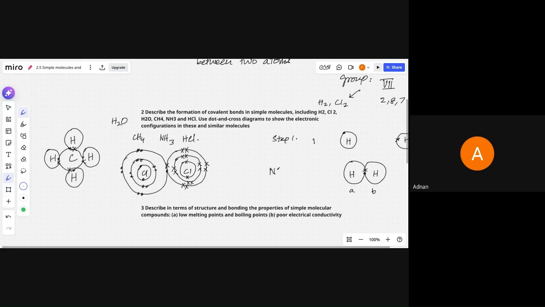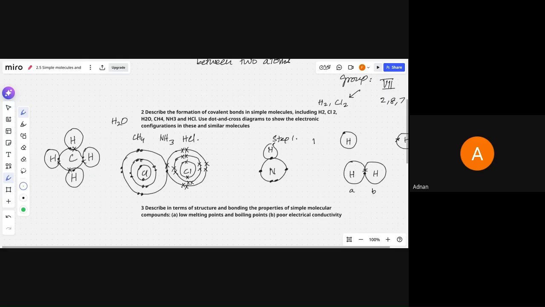So out of five outer electrons, nitrogen will share three electrons, right? Because it needs three. So one, two, three, and the remaining two electrons, I will draw as a pair on this side here. Now let us attach hydrogen atoms.